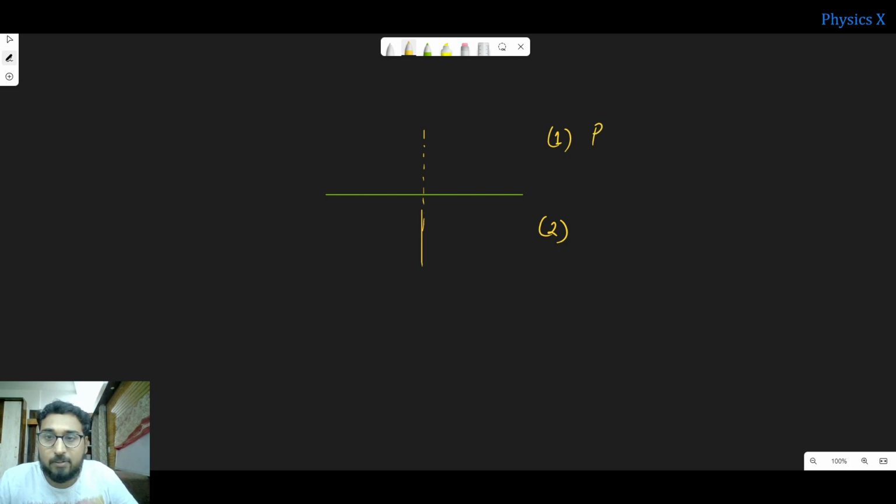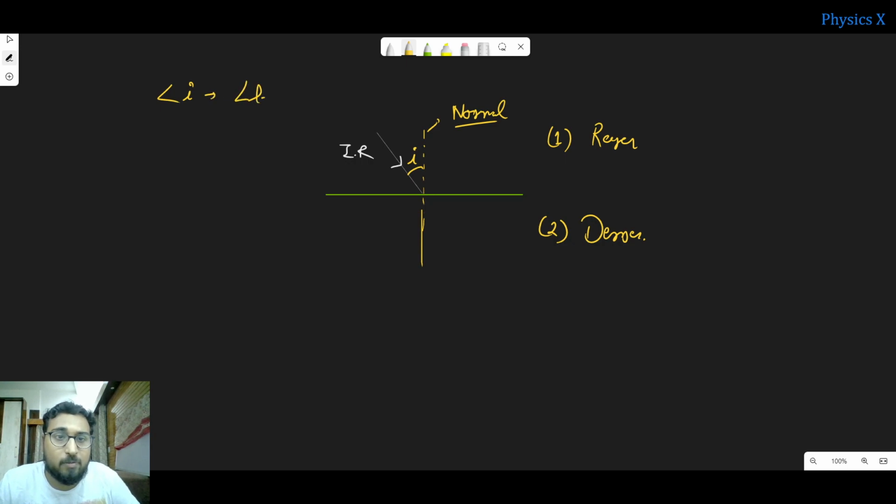I am saying that this is a rarer medium, this is your denser medium. When the incident ray is at an angle, the angle between the incident ray and the normal, same as in the case of reflection, is I, the angle of incidence.